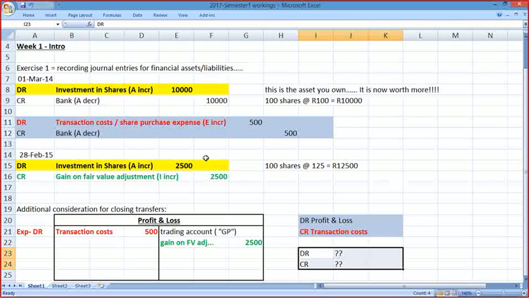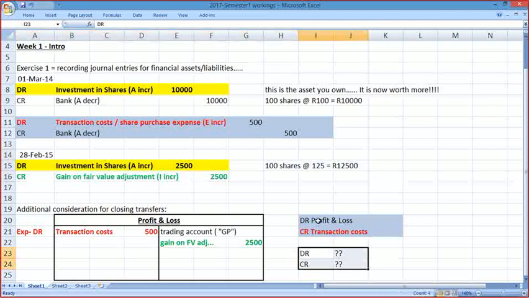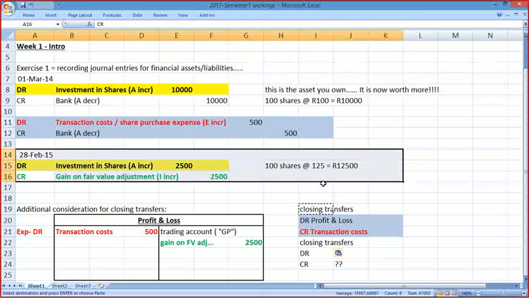So you're going to credit the gain on the fair value adjustment. Is it an increase? That's the increase. What's the closing transfer? Remember, these are the closing transfers. Give me the closing transfer to get this here.